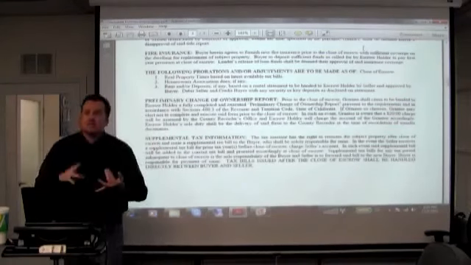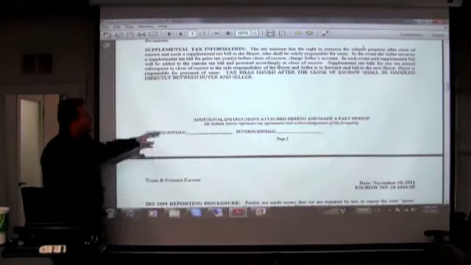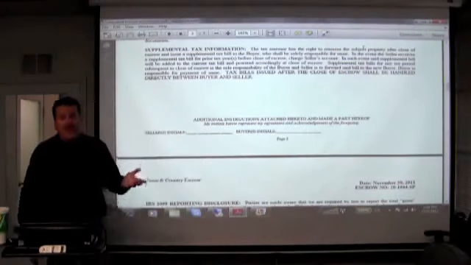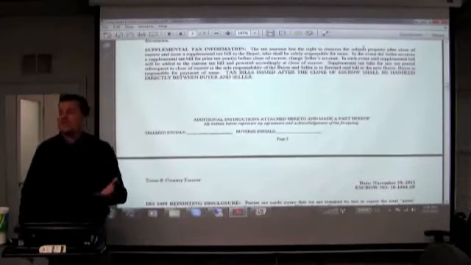Supplemental tax information. This was kind of covered on the first page, but this talks about the tax assessors. There's going to be taxes on the property at time of close of escrow. But also, as was always the case, property taxes are reassessed at close of escrow. I think the sales price on this one was 100 and whatever it was, 32 or whatever.